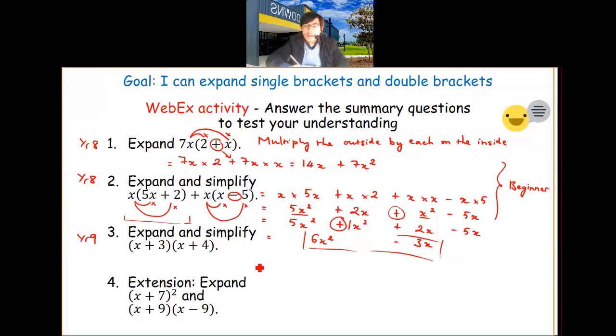Now, Anton, in the PowerPoint, this is what we call double brackets. And in the PowerPoint, I said that there's two ways of doing this. We can either use the FOIL method or the grid method.